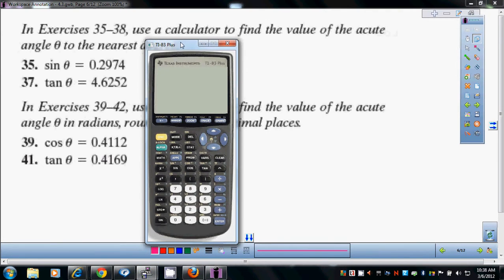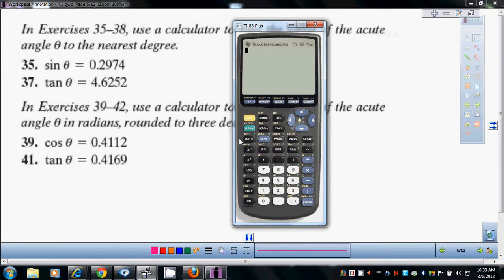And I said yesterday the reciprocals were not the same as the inverses. So to solve this one, you would take sine inverse of both sides. Sine inverse of 0.2974 is approximately 17 degrees. That's all you have to do.